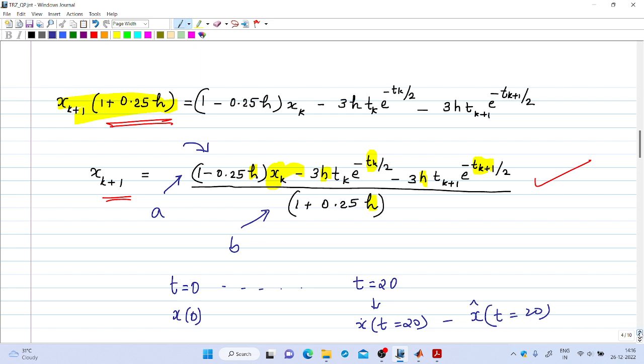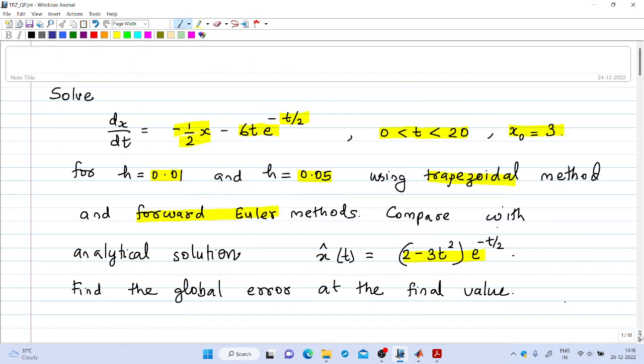The exact solution is given in the question itself, that is 2 minus 3t square into e to the power minus t by 2. If you put t equal to 20 in this exact solution, you will get x cap of t, the exact value of x at t equal to 20. The numerical solution at t equal to 20 can also be found from the program. Then if you take the difference, you will get the global error.